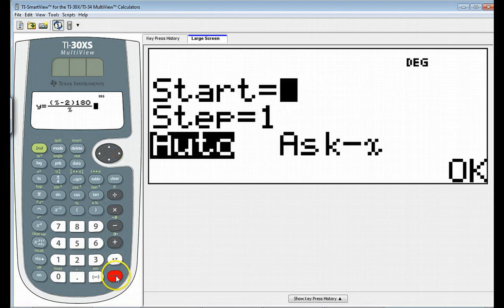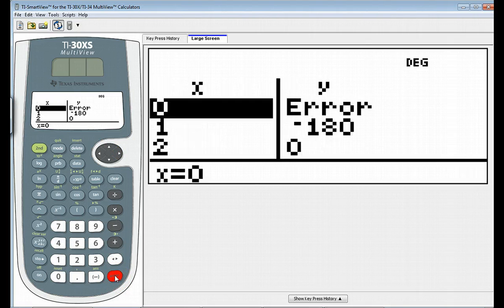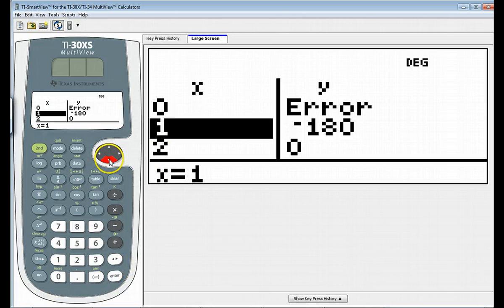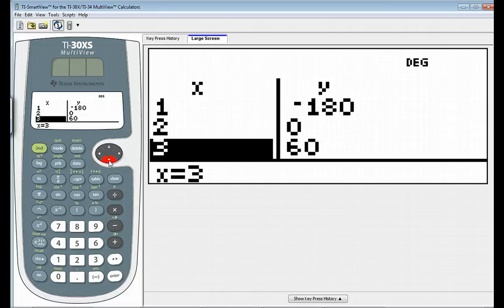If I go ahead and look at a table of values for this, remember the output of this function should be one angle, because we put in the total divided by the number of sides.